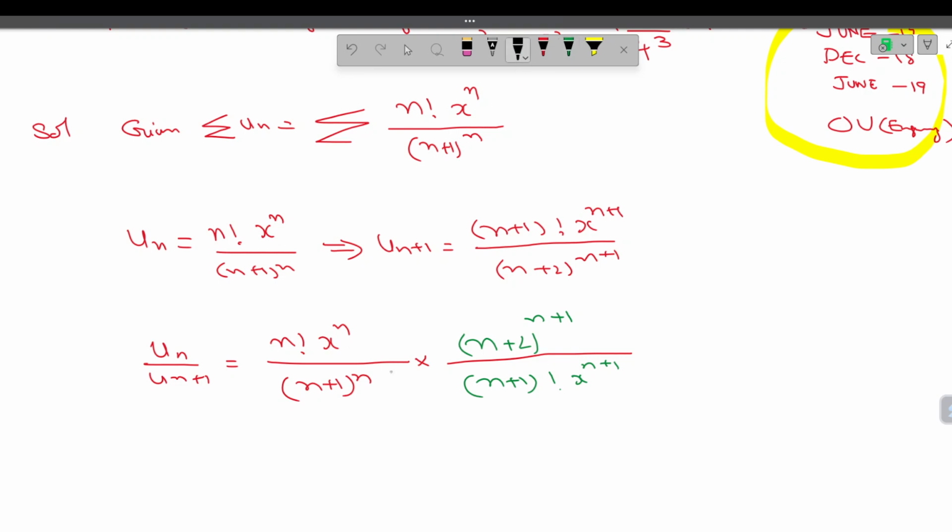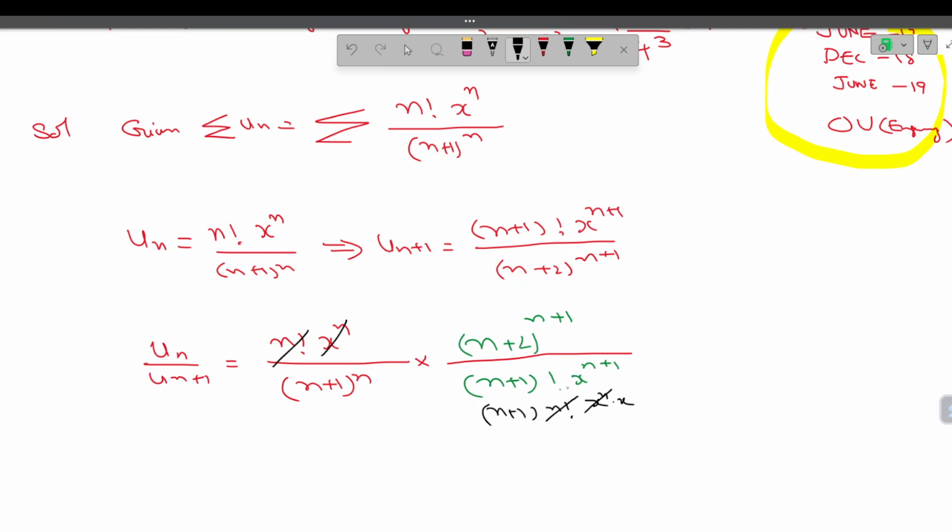See here, n plus 1 factorial can be written as n plus 1 into n factorial, so this n factorial gets cancelled. This is x to the power of n into x, so this x to the power of n cancels.